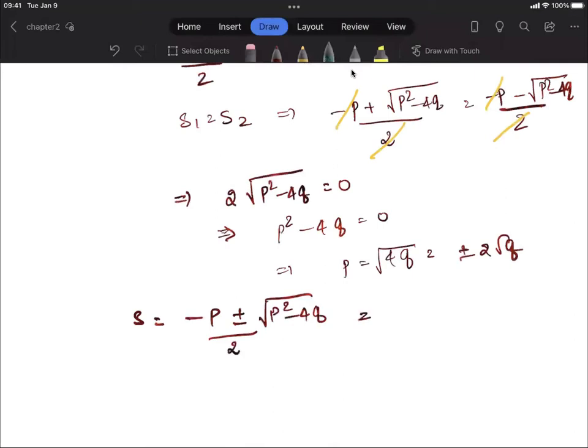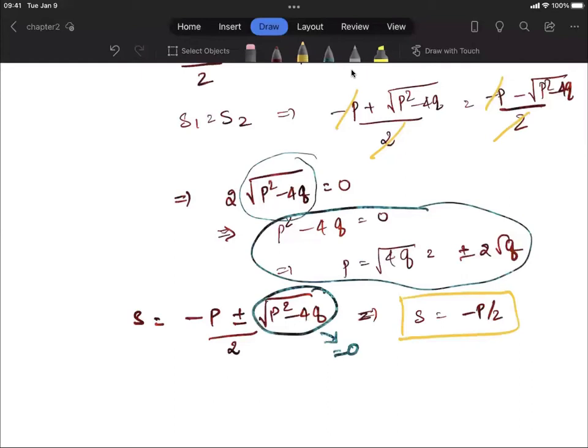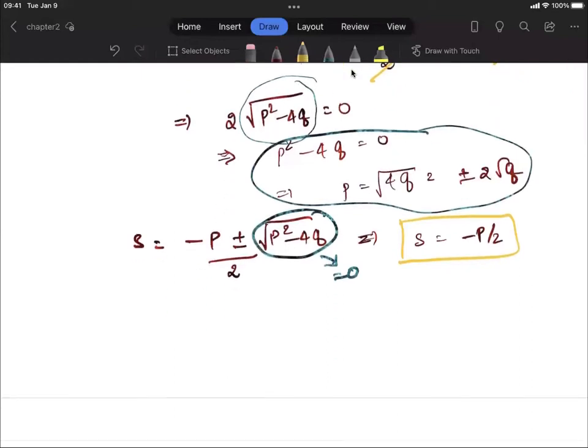We actually didn't need to solve all of this, to be honest, because we know that this particular term is equal to 0. So this is equal to 0. That implies s is equal to negative p over 2. So the equal solutions s1 and s2 are actually equal to negative p over 2.